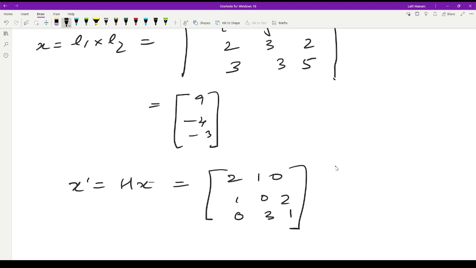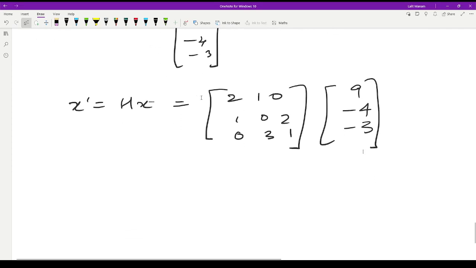Okay, and we get it as 9, minus 4, minus 3. So this leads us to some values: 14, 3, minus 15.